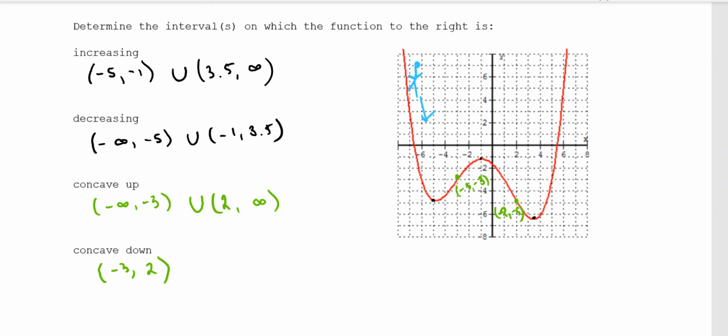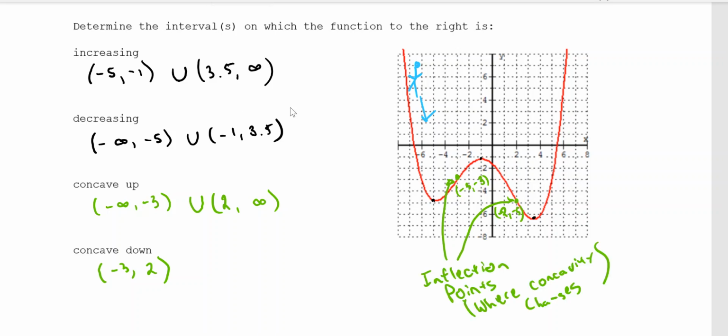The names of these points where we change concavity are called inflection points. Those points that you started out by identifying are where concavity changes. The best you're going to be able to do right now is estimate them based on a picture you see on a graph.